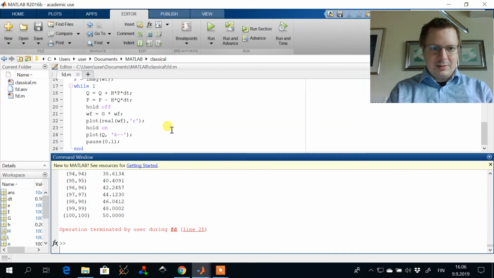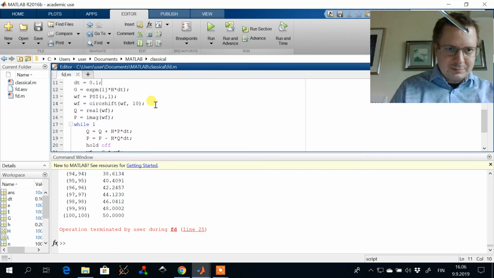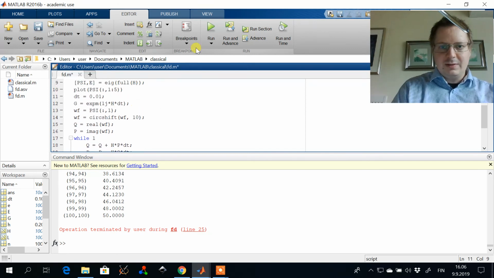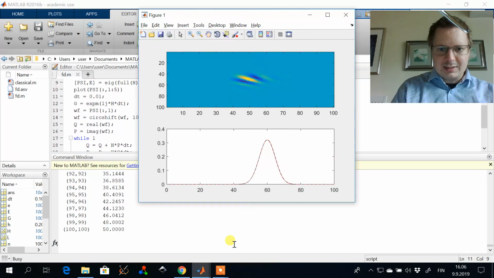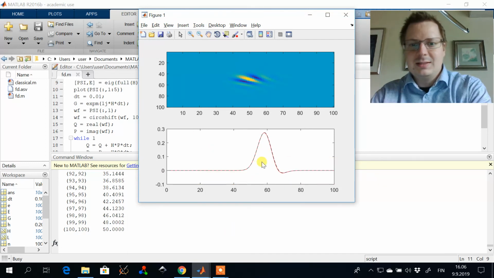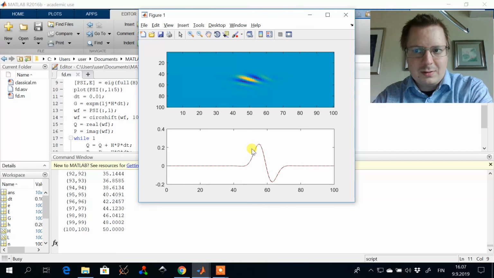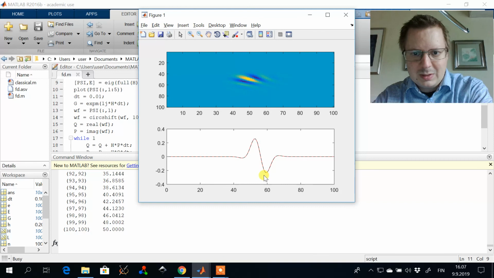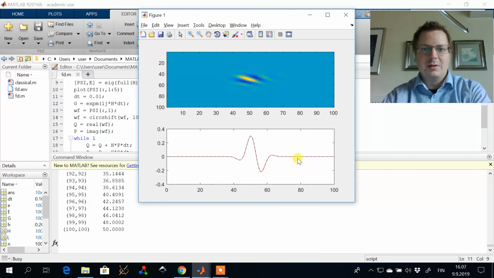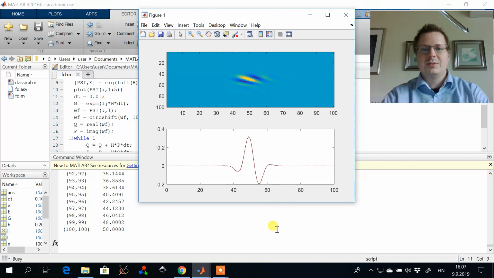And we see that we have an unstable propagator. Let's see if we lower the time step. And we can see that the real part of the wave function operated using the full matrix seems to be pretty much the same as the one I just implemented. So now we have a symplectic propagator for the Schrödinger equation.